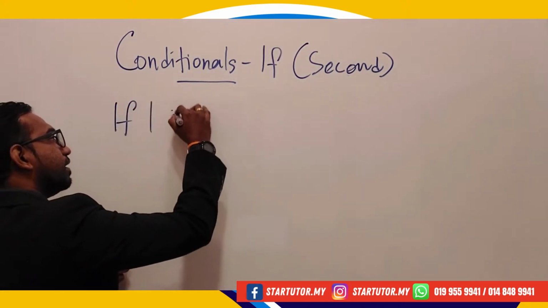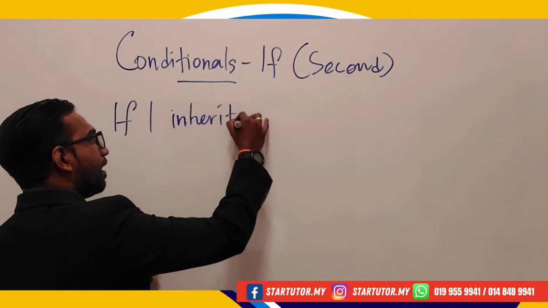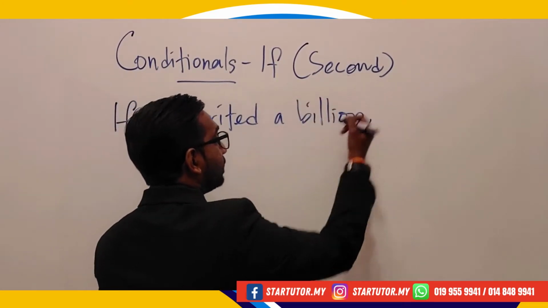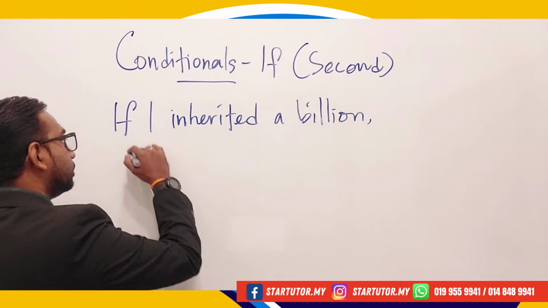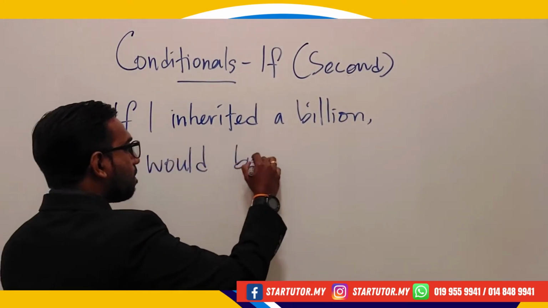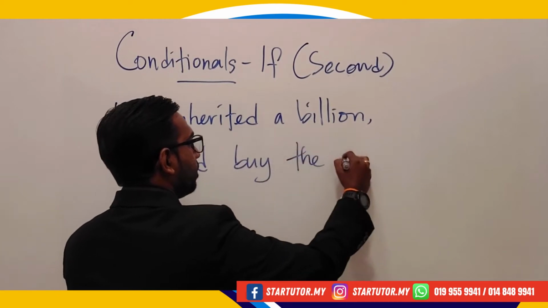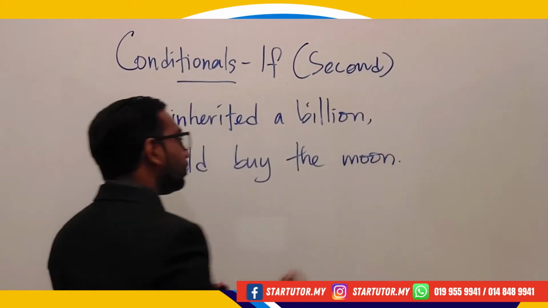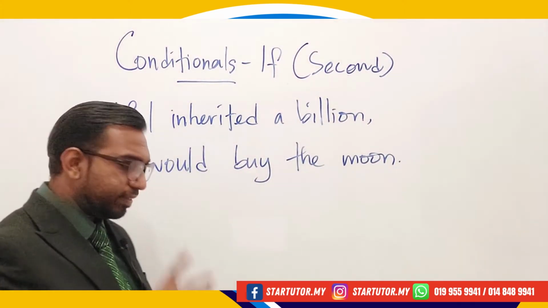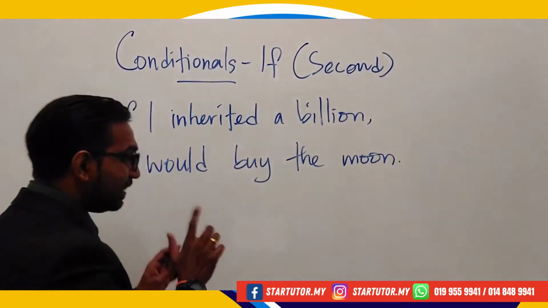If I inherited a billion, I would buy the moon. Okay, so if I inherited a billion, I would buy the moon. Let's see the sentence.